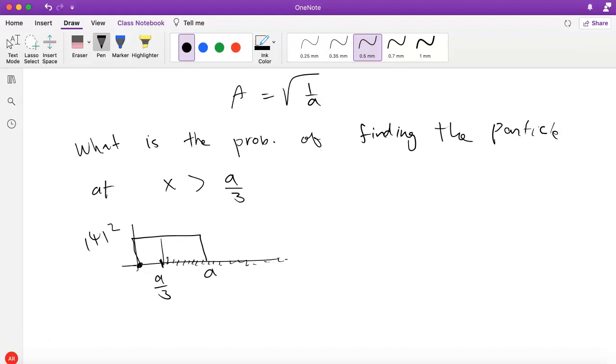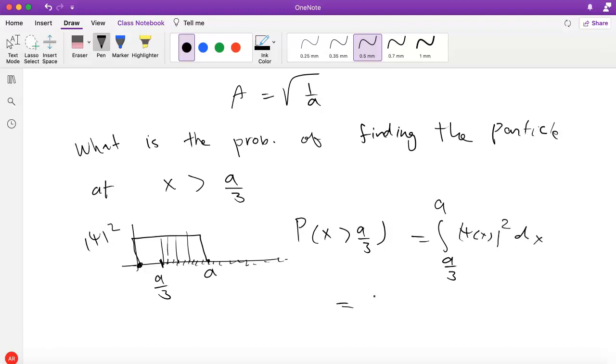So again, you can consider all the tiny intervals in this region of interest and add those probabilities. When you're above a, that probability is 0. So this probability ends up being the integral from a over 3 to a, because psi squared is 0 for x larger than a, of psi squared, which is just capital A squared.